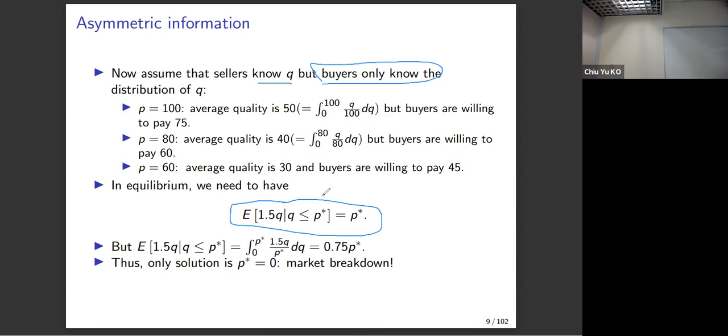It's like a fixed point idea, because you ask how much they pay, and whether they are willing to do this. Under this price, this amount of quality is there. What is the expected quality under this price? And this is the price they're paying. It's self-consistent. So that is the definition of equilibrium.